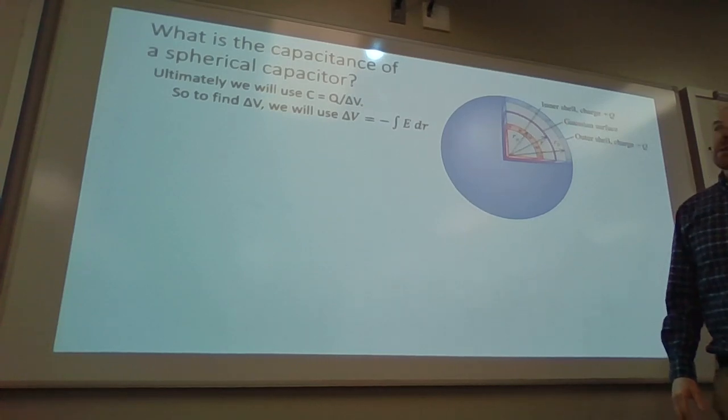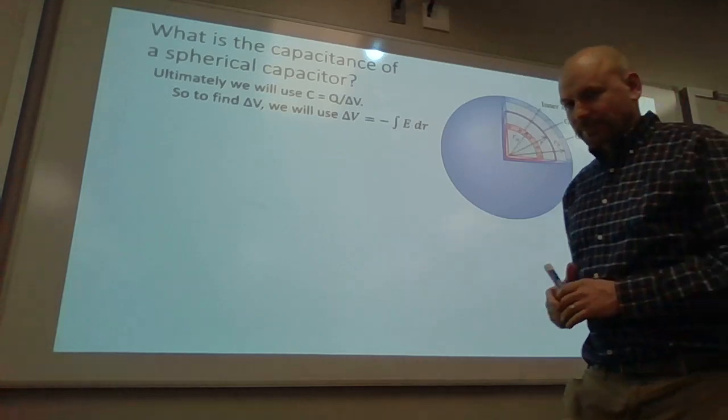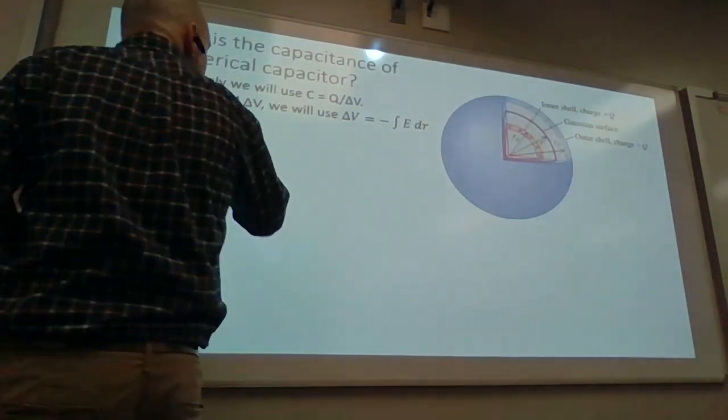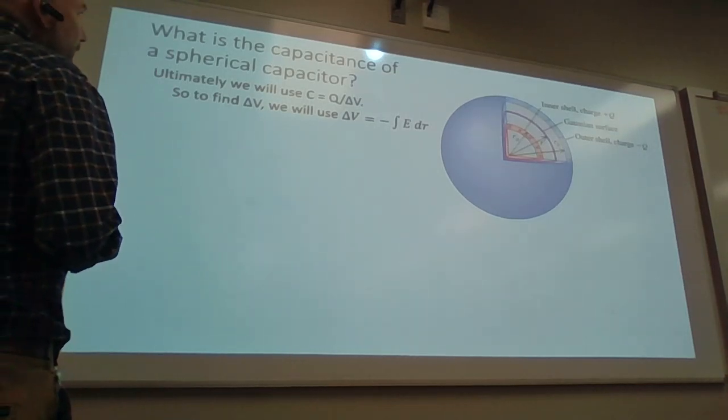They're centered. I don't know if this is a practical capacitor, but they can come up with some crazy things. It wouldn't be useful for circuits because you can't interact with the inner one.